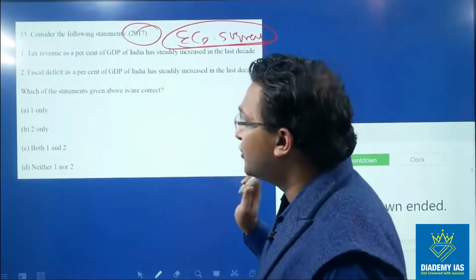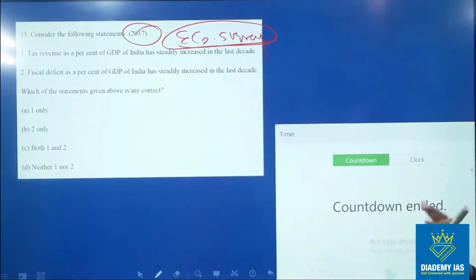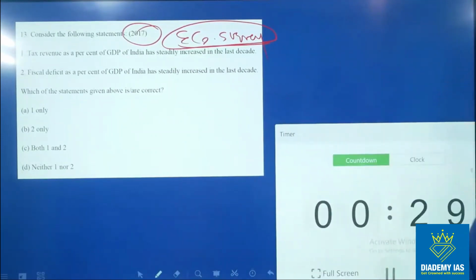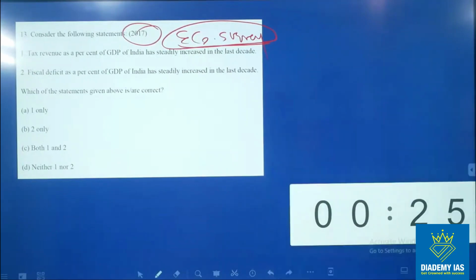So what is the question? First read this question and just consider the latest data from the latest economic survey and answer this question based upon that. This is very good example of which type of question are asked from the economic survey. So you should actually understand that this type of questions are asked from the economic survey.